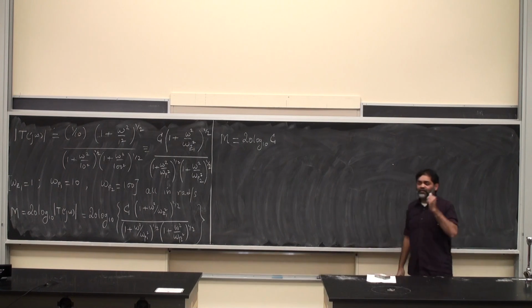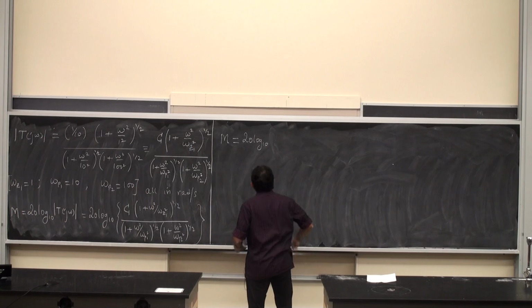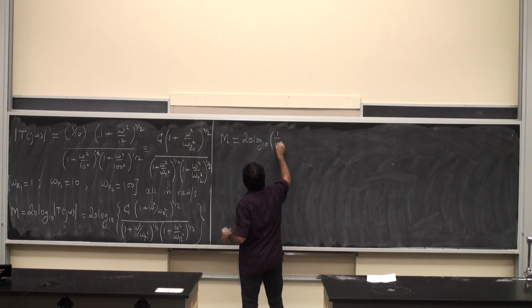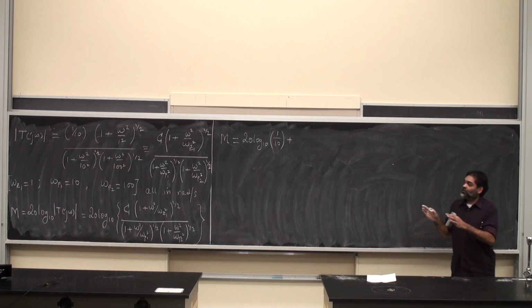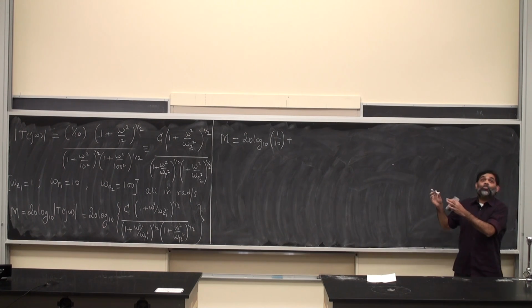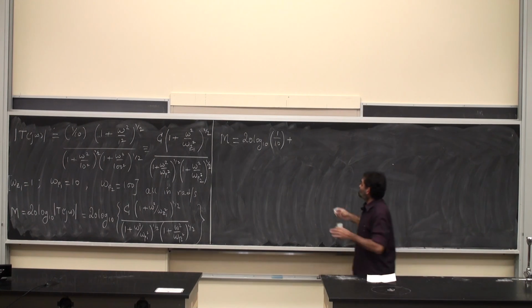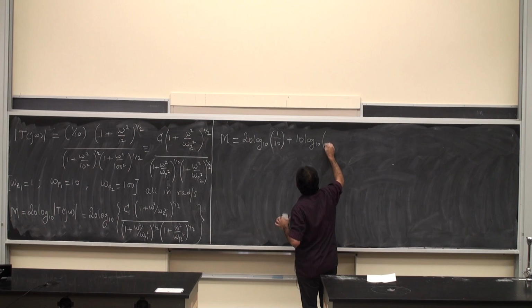C is at 1 by 10. Okay, so I'll just write it as 1 by 10 if you don't mind. It's a nice number. Then I'm going to have 20 times log to the base 10 of (1 plus something square) whole to the power 1 by 2. That square root, I'm going to bring it out, so that's going to become 10 log 10.